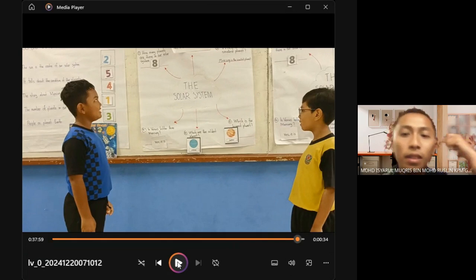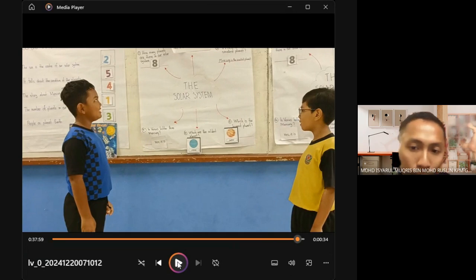And the last one is the flashcards. These were highly effective for introducing and reinforcing new vocabulary. The colorful and interactive nature of the flashcards captured the students' attention, and it made the learning process feel more fun and memorable.